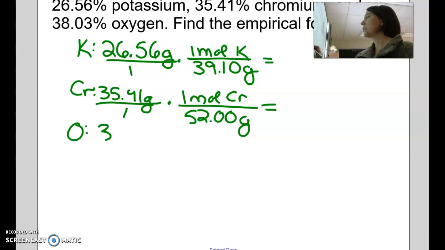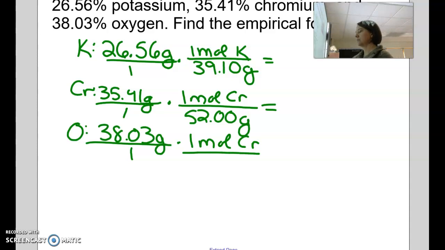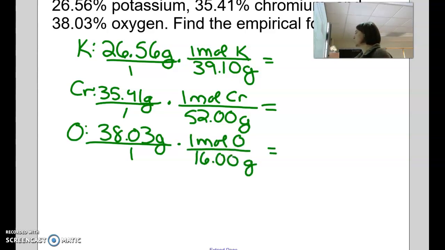So we have 38.03%, which would be grams over 1, and times that by 1 mole oxygen, over its molar mass, 16.00 grams. Now we grab out our calculator and do our calculations.